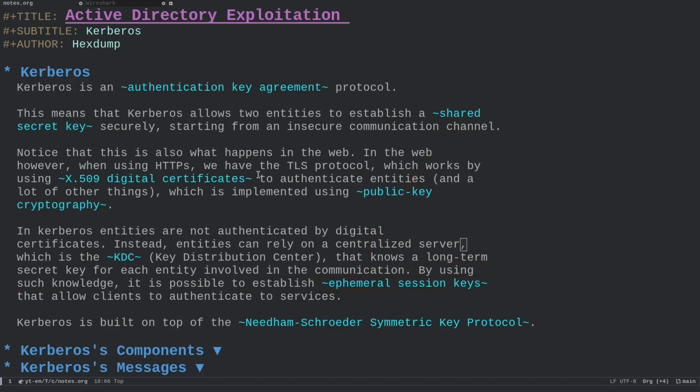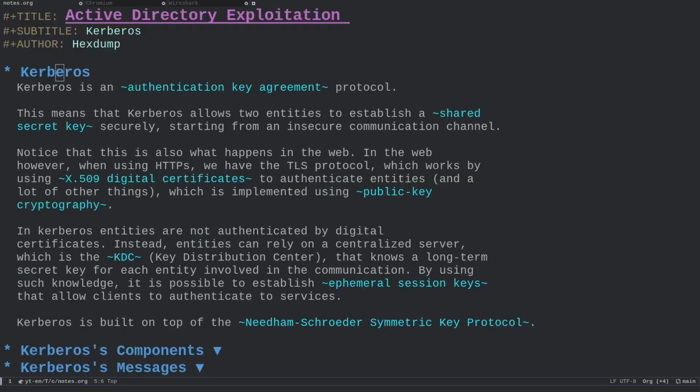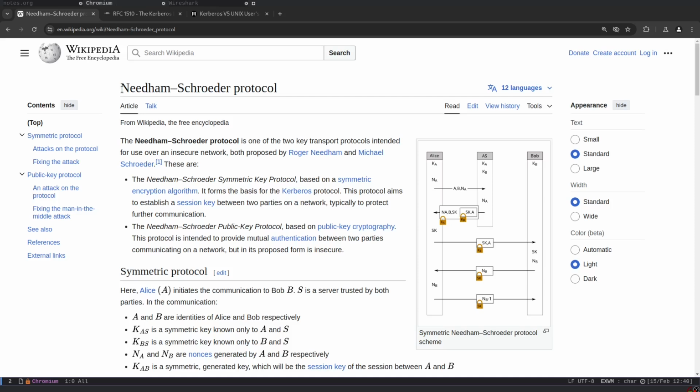Now, when you build a cryptographic scheme, you can always rely on an already existing implementation, on an already existing idea, essentially. And Kerberos specifically is built on top of the Needham-Schroeder symmetric key protocol. And in the references of this video, you will be able to find various links, such as the Wikipedia description of the Needham-Schroeder protocol that describes the key exchange that happens within Kerberos.